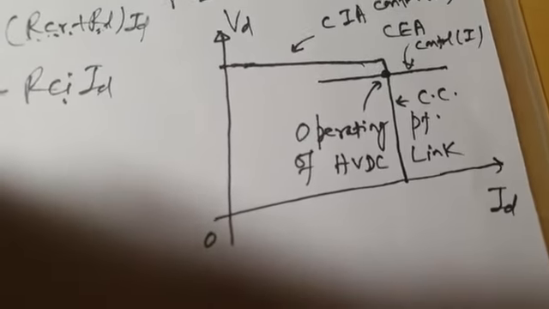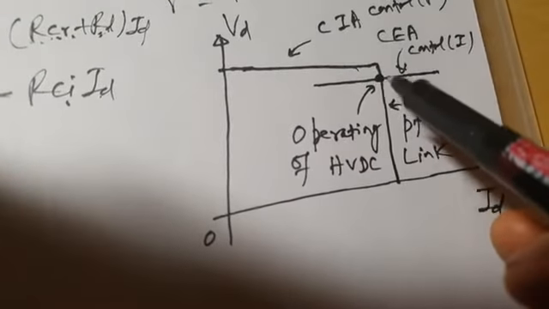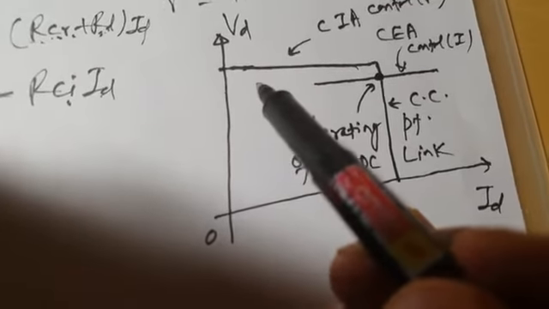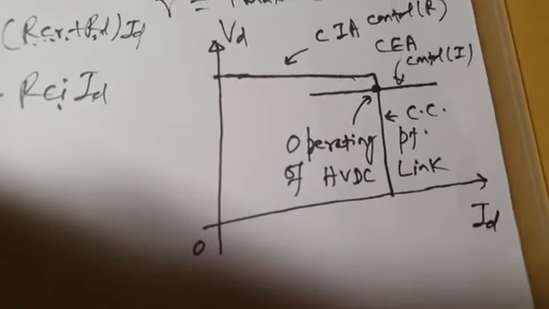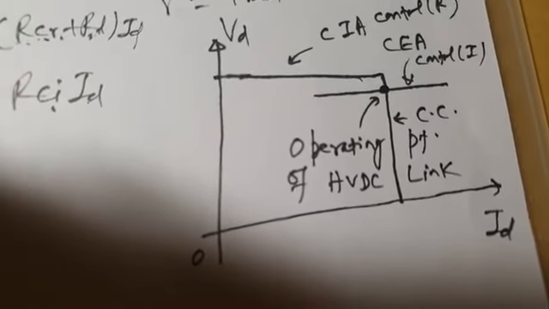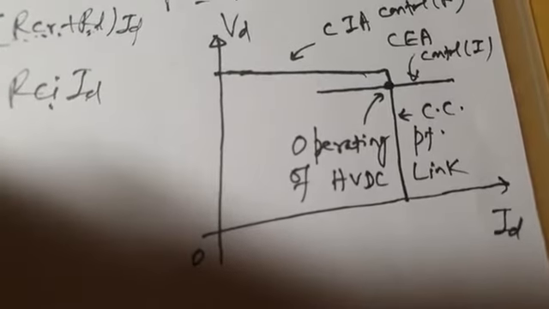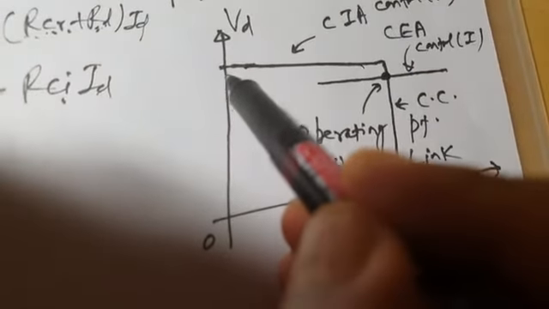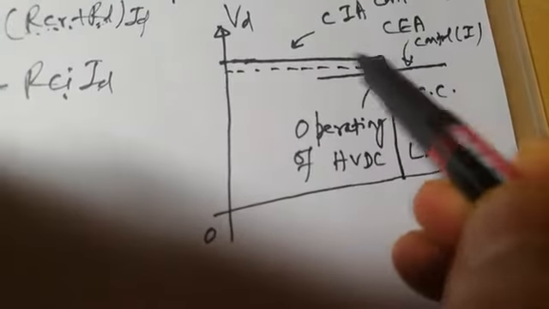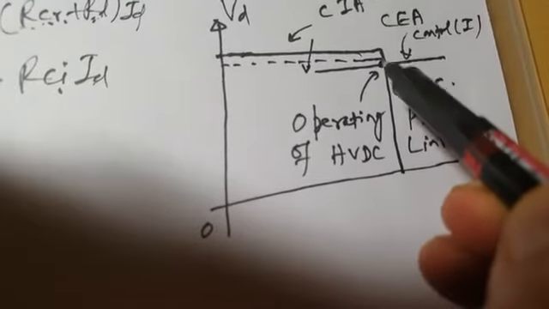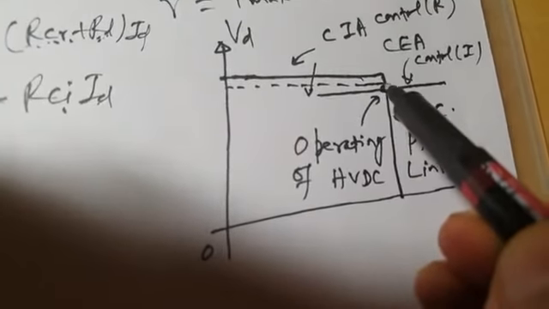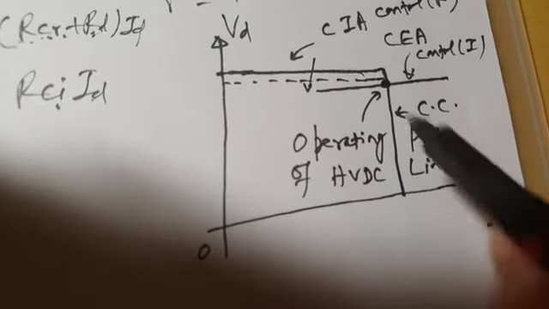But the problem with this characteristic is that suppose the rectifier side voltage falls. Suppose your rectifier is connected to AC side, and if there is a sag or dip in the AC side voltage, so rectifier output voltage also falls. If it falls from this value to this value, it still has this CIA characteristic control, and then it has CC control.